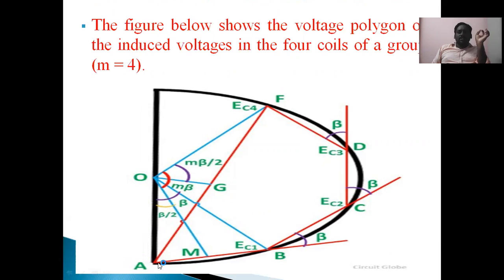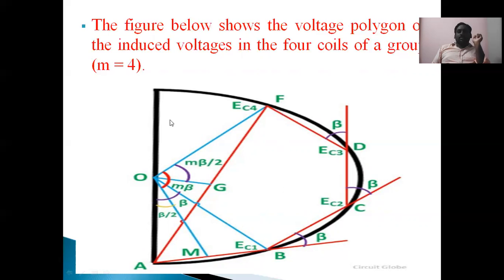Here, AB represents the first coil induced voltage, EC1. Vector BC represents the second coil induced voltage, EC2. Vector CD represents the third coil induced voltage, EC3. Vector DF represents the fourth coil induced voltage, EC4.